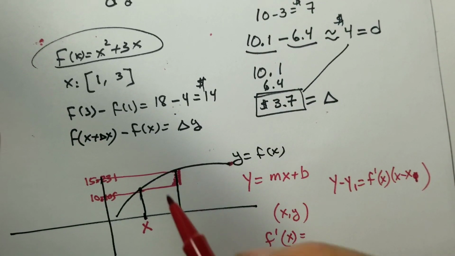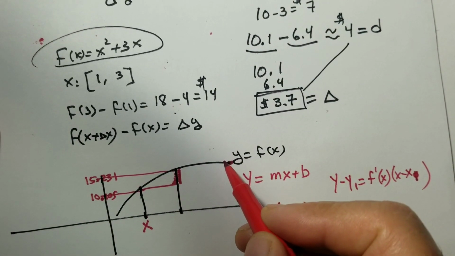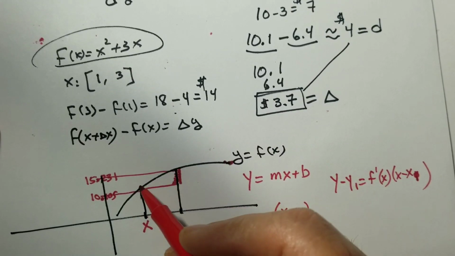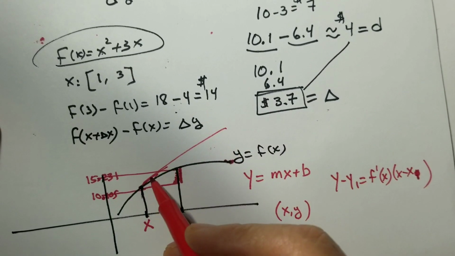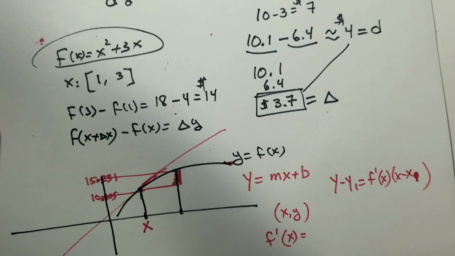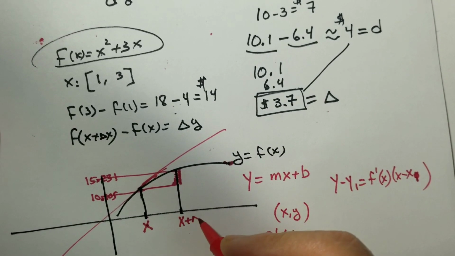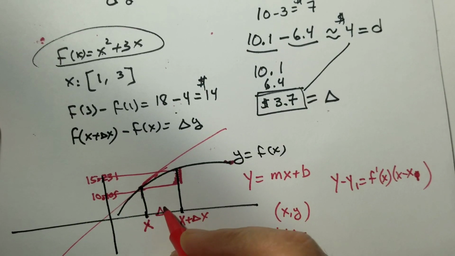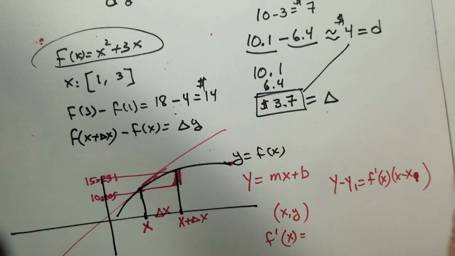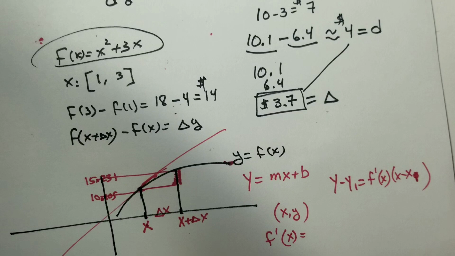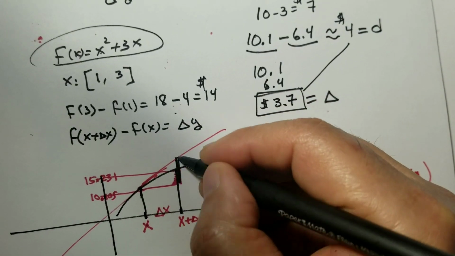And instead of using that black function which is complicated, use that pretty red function which is a line and say the difference between this point to this point, if the distance between them is delta x, is this much right here.